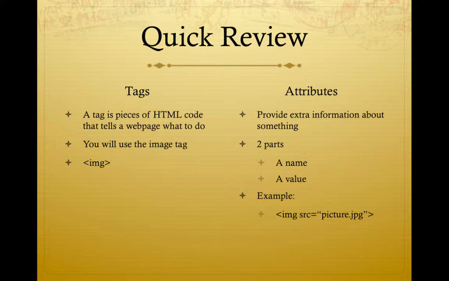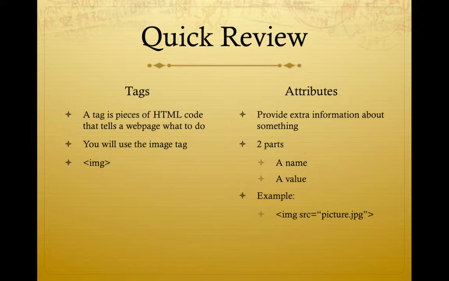Then every attribute has an equal sign and quotation marks. The value is always located inside of the quotation marks. For the source attribute, the location of the picture is inside of the quotation marks. That location is either the place on a server, the computer's hard drive, or the internet.